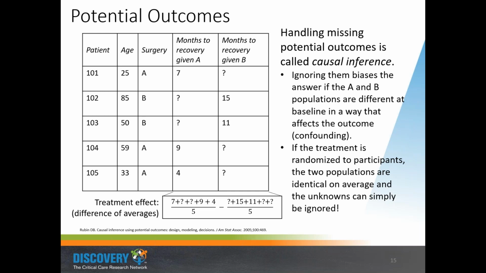So typically you'd imagine that both of these, months to recovery given A and given B, would be one column, just months to recovery. But when you think about it in terms of potential outcomes, there really are 2 columns here.